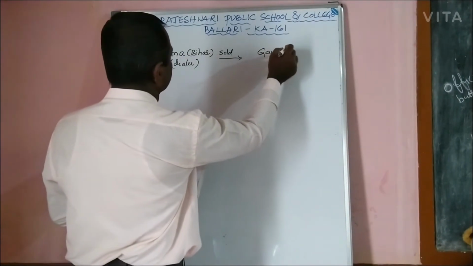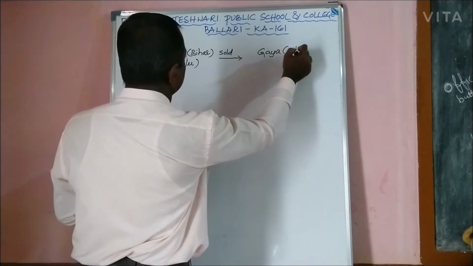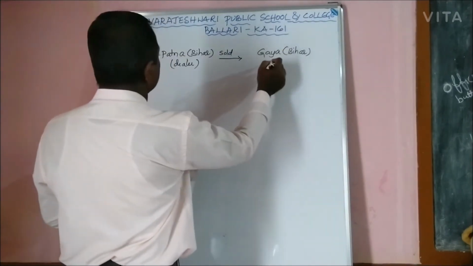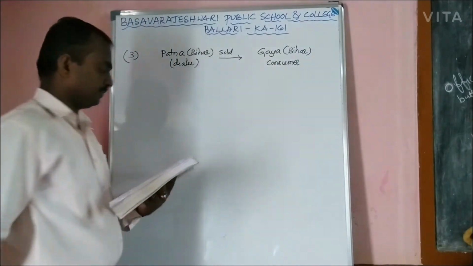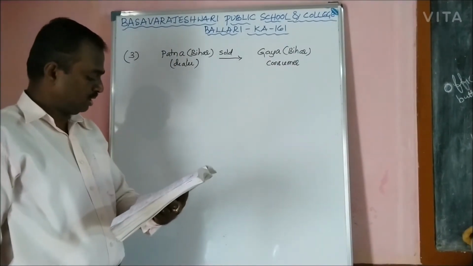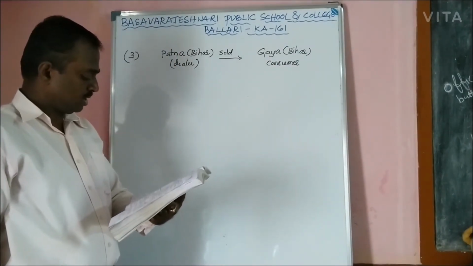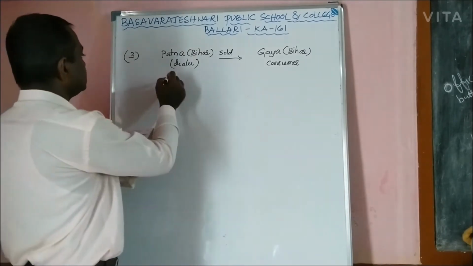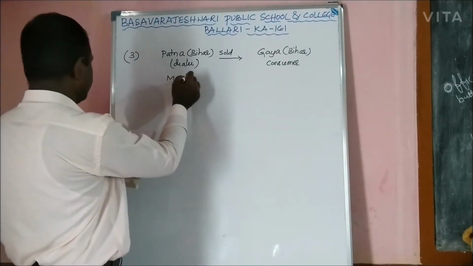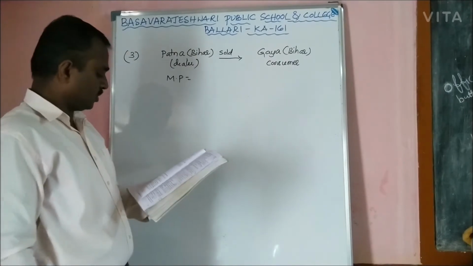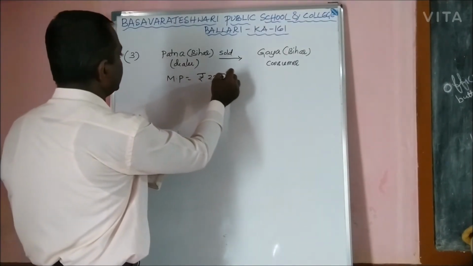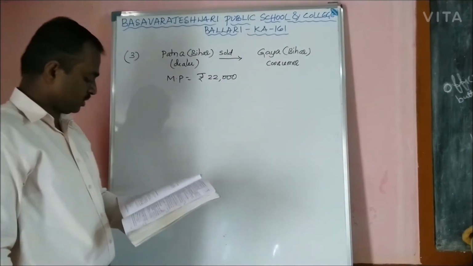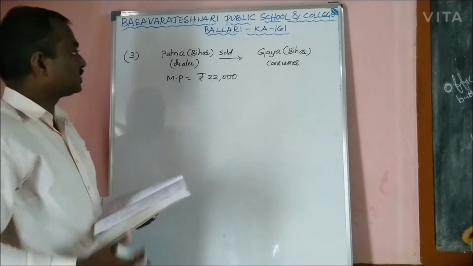So same state, Gaya is also in Bihar state. The dealer sold a microwave oven. What is the market price? Market price is equal to 22,000. So same state.